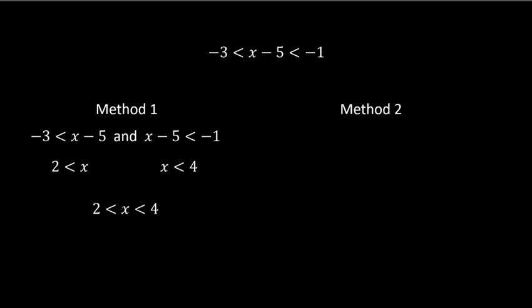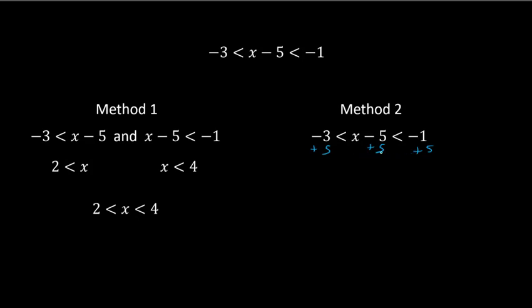But the simpler method would be method 2. So method 2 is you just keep the inequality written as it is up here, and we'll see it typed up down here as well. Same statement. And then what we can do is solve for x, just like you would in a regular inequality. So here we need to get rid of the negative 5 by adding 5. But we need to also add 5 to the far left and the far right side.